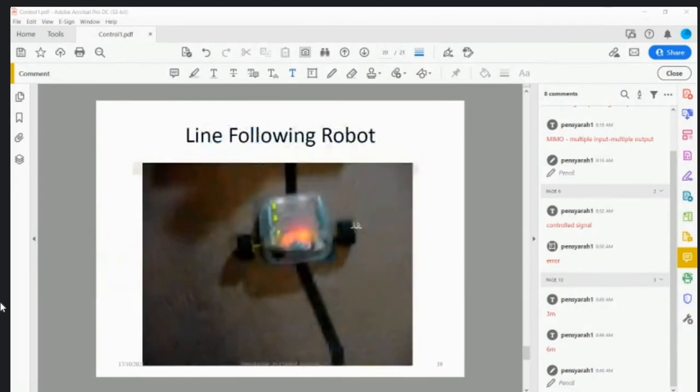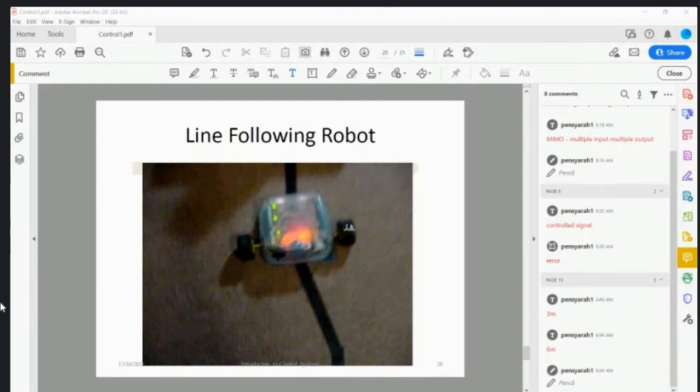While for this one, the controller is actually embedded in the mobile robot. You can see that the controller is very small because we use a microcontroller there. It still consists of sensor, actuator, and system, all embedded in one system. So the difference here is the controller type. For any mobile application, normally we use a microcontroller.